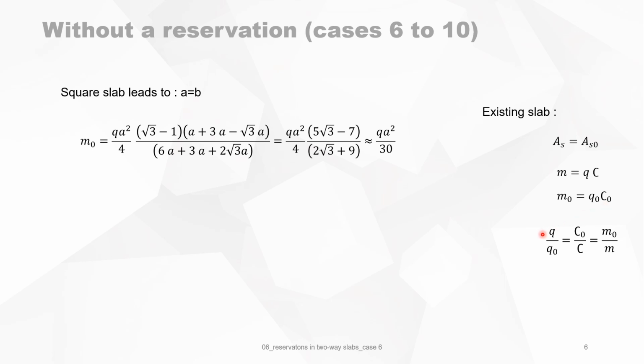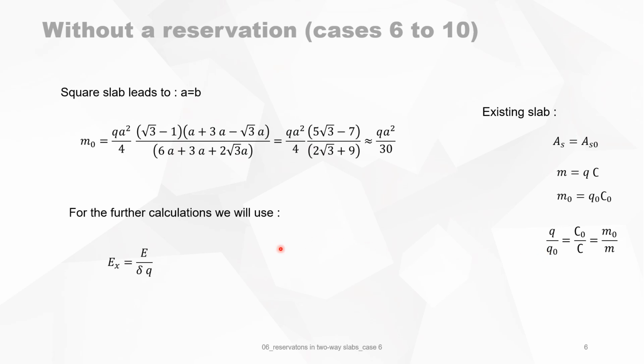It means that the bending moment of the original slab divided by the bending moment of the slab with the hole is equal to the load of the slab with a hole divided by the original load of the slab.